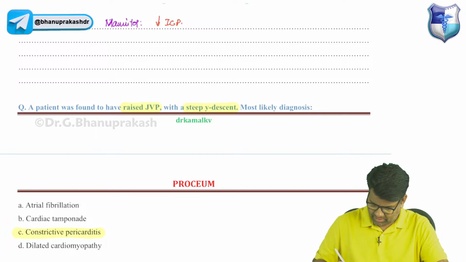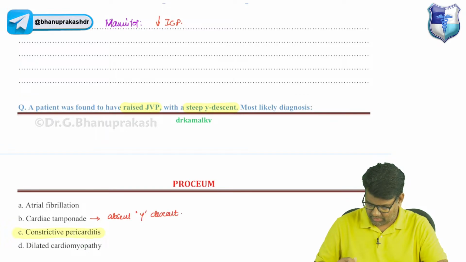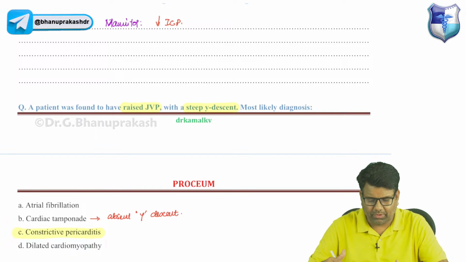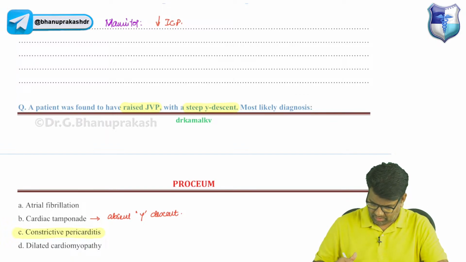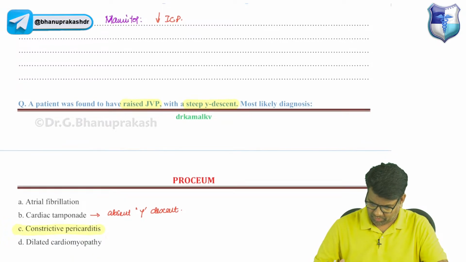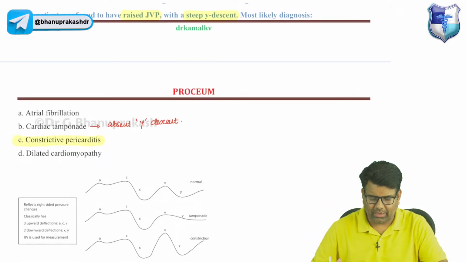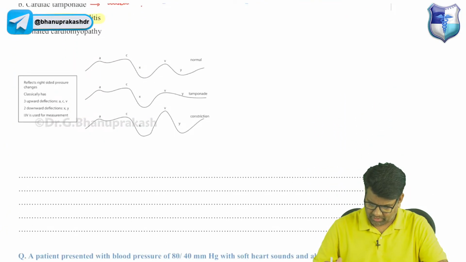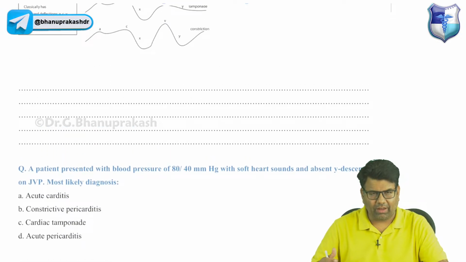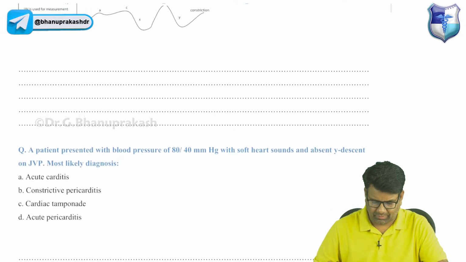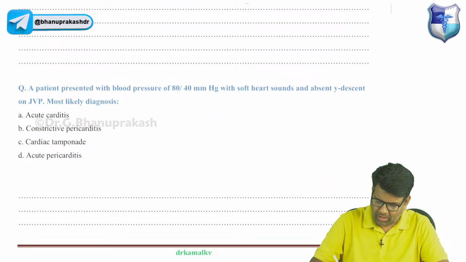And in cardiac tamponade, we will find absent Y descent. Just make sure that you don't mix up the two. In constrictive pericarditis, it is steep Y descent. In cardiac tamponade, there is absent Y descent. Already we have discussed much about the JVP waves, so we won't repeat it again.